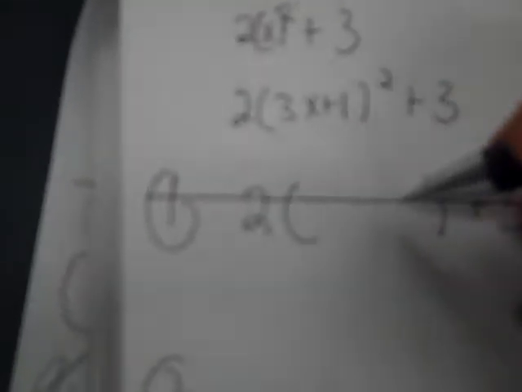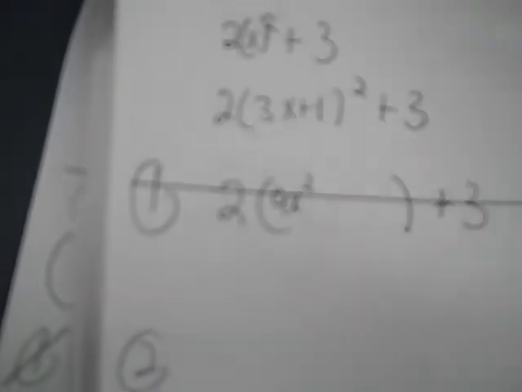So I take 3x times 3x, 3x multiplied by 1, 1 multiplied by 3x, and then 1 multiplied by 1. So it's 9x squared, 3x, 3x, and 1. That's 9, 6, and 1. Then I bring that over here, 9x squared plus 6x plus 1.